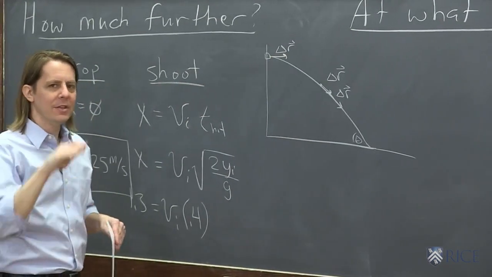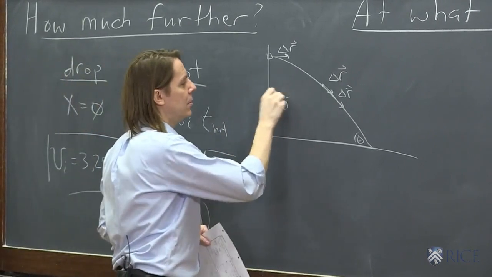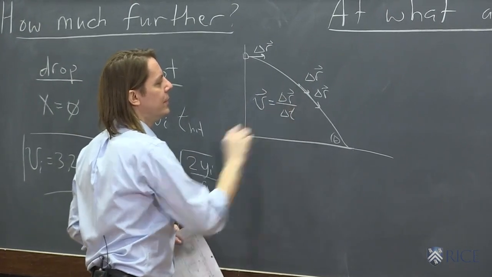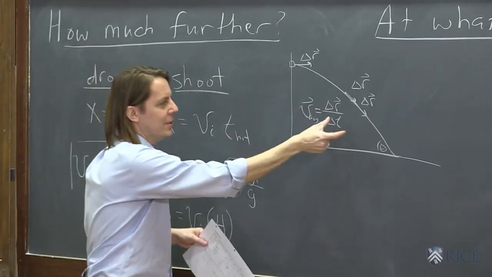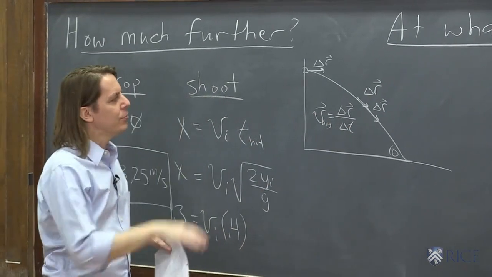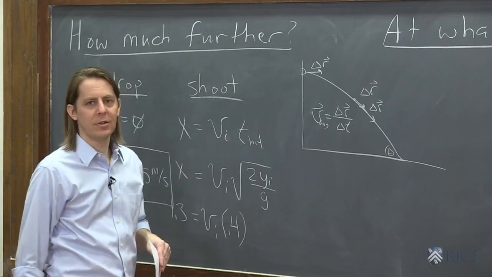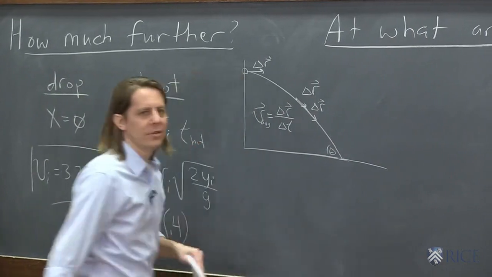But the quantity that gets you that delta r is actually v. Remember that velocity is delta r over delta t, right? Average velocity. Or instantaneous is the same thing, just with a really small delta r. So it's really the velocity that tells you the direction of the trajectory. So if you needed an angle for the trajectory, you got to look to the velocity.